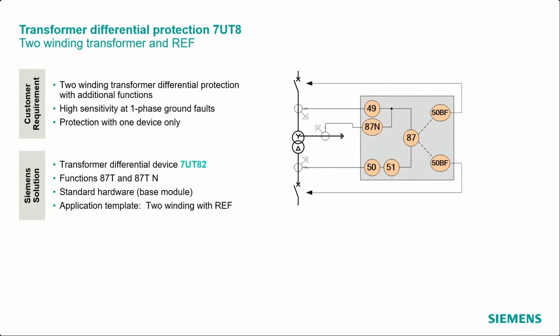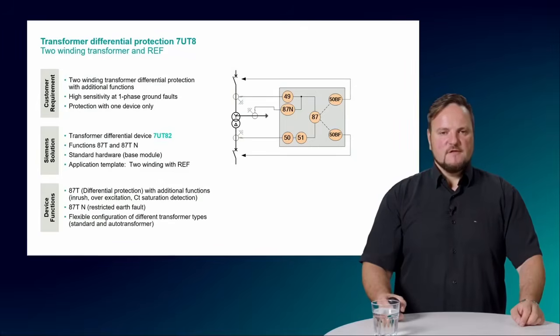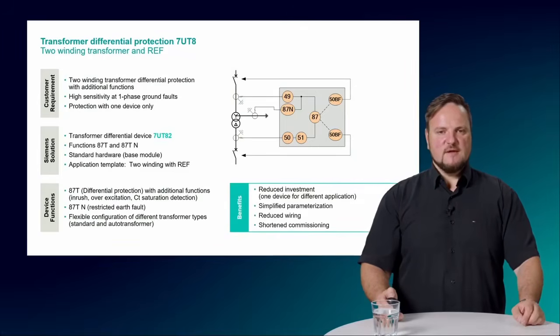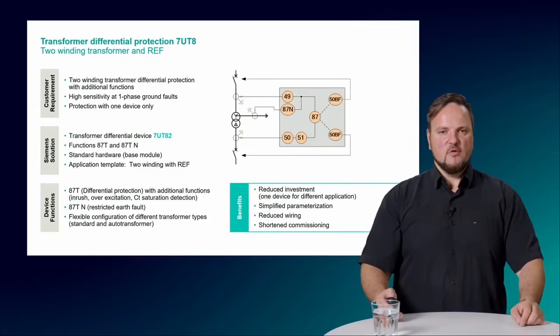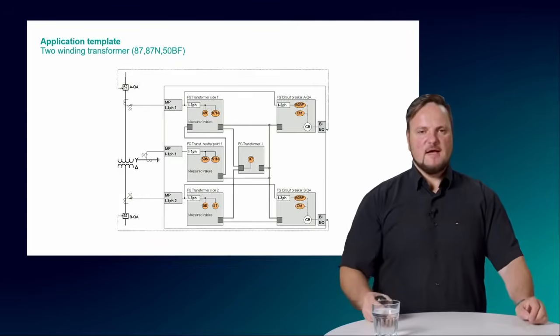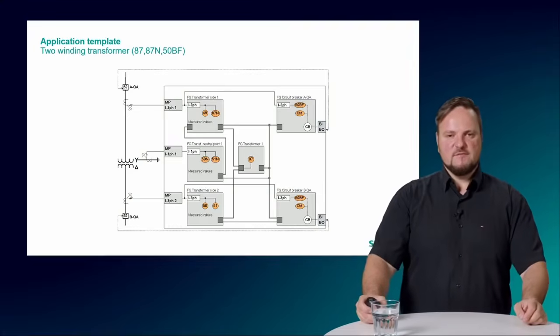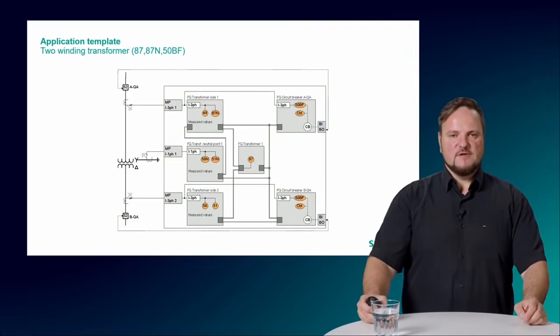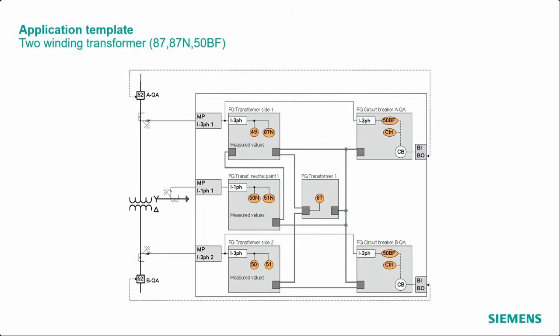REF stands for the restricted earth fault protection. So the rest is still the same, and I will jump over to the application. Here we have now the same picture as before, but now we have a new function group in the middle, the function group transformer neutral point.